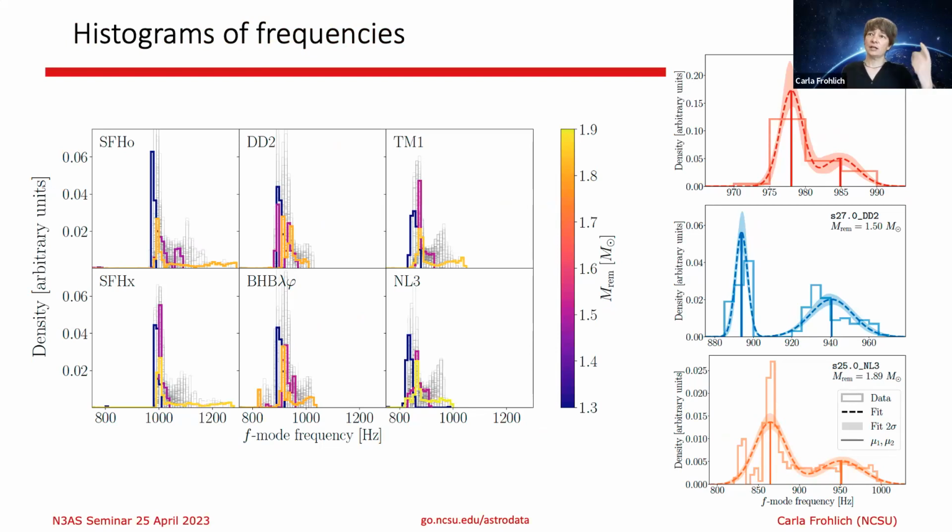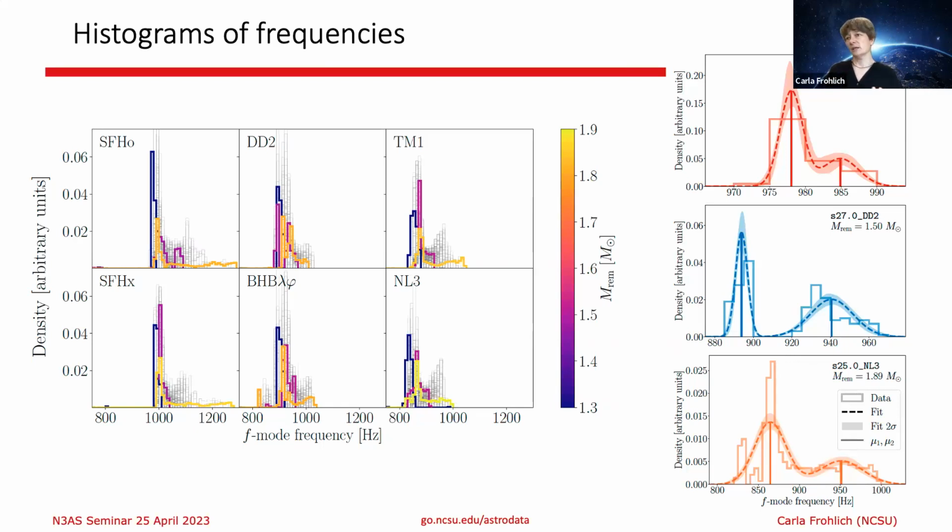For each EOS, 3 out of the about 200 histograms that are highlighted in color are for that particular EOS: the simulation that led to the lowest neutron star mass, the median neutron star mass, and the highest neutron star mass. That's just a way of highlighting 3 of these histograms to give you an idea of what they look like. But you can see in the gray underneath that they're all similar, but there's also a variation within that similarity.